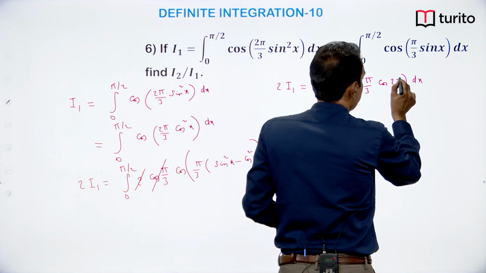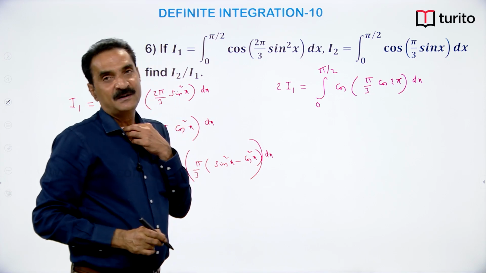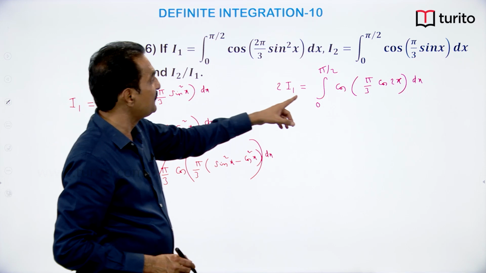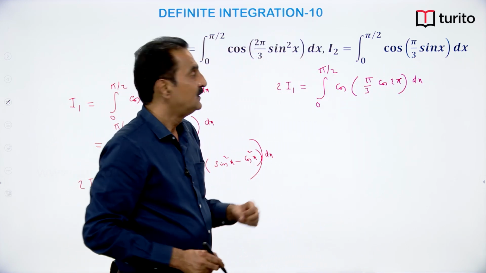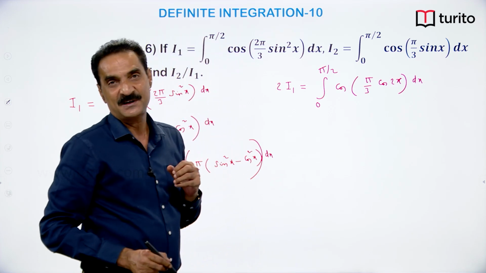Now, what can you do? If we substitute here, we have to write it like this. For that, let us use f of kx property.